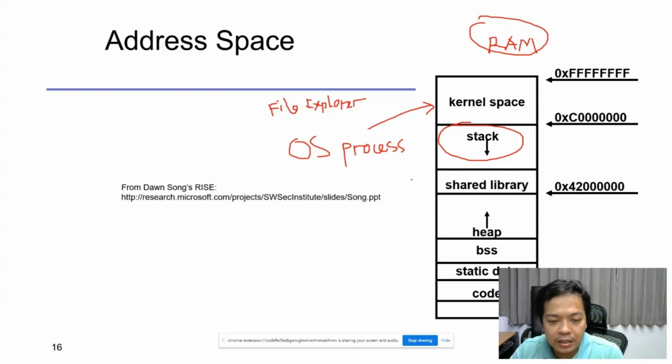When the program stores and uses data, it will put data to the stack and access the data again. So data will be stored in or retrieved from the stack.